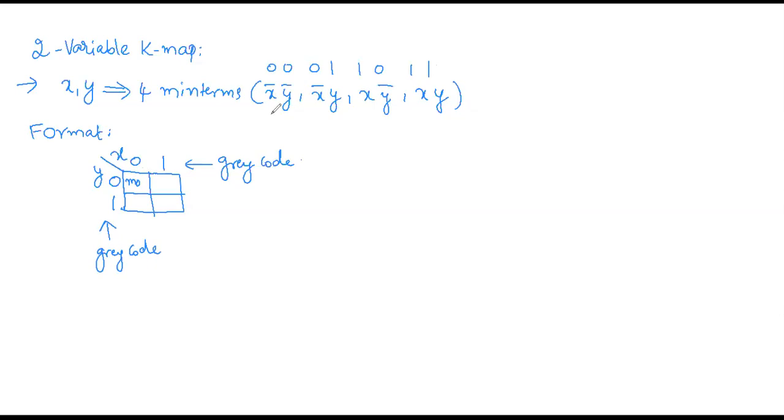So 0 0 is m0, 0 1 is m1, 1 0 is m2, and 1 1 is m3. This is the two variable K-map format.